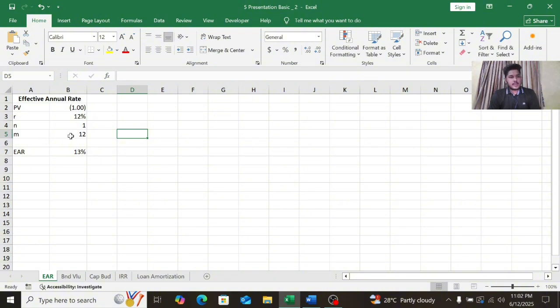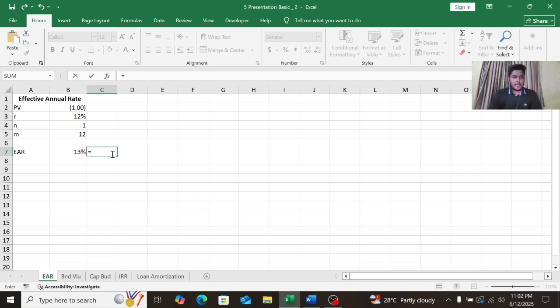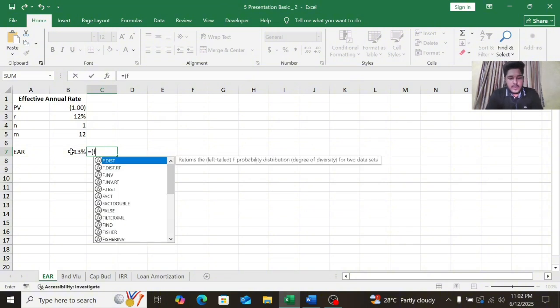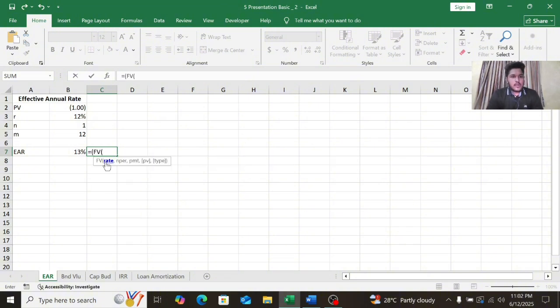So let's calculate it. To calculate the EAR, effective annual rate, we are going to use the future value function, very carefully. We have our present value here, just to multiply the interest rate to get an actual rate.